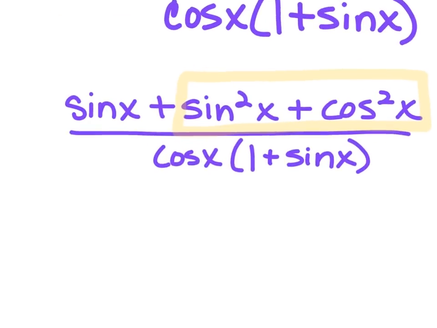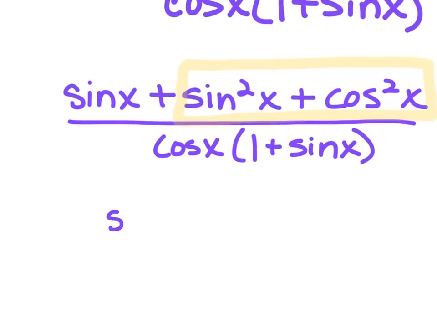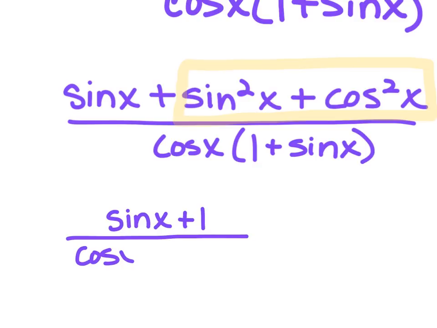So I'm going to rewrite that whole numerator as sine of x plus 1 over cosine of x times 1 plus sine of x.